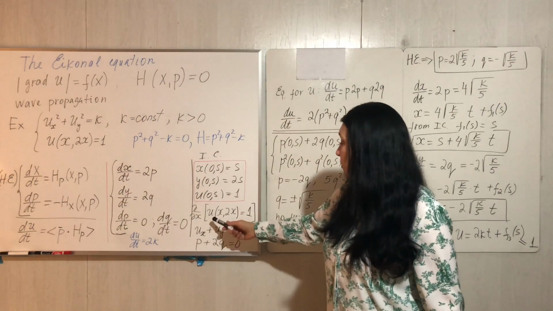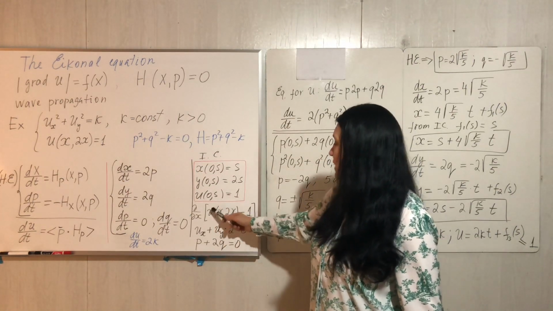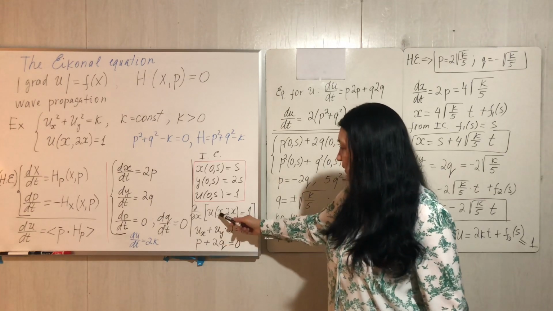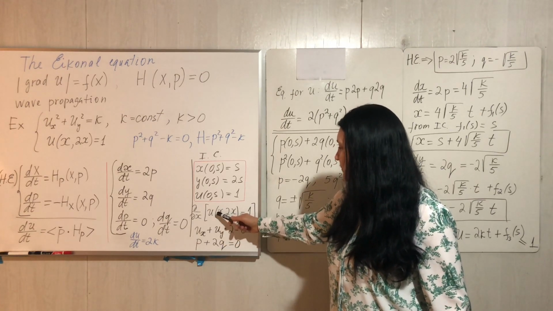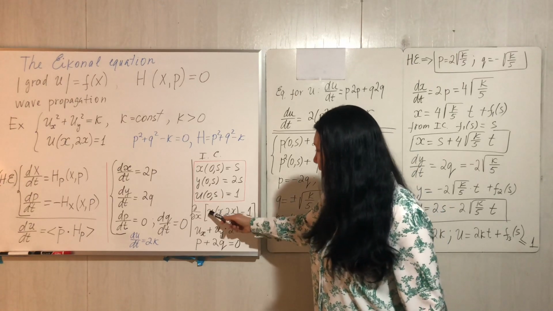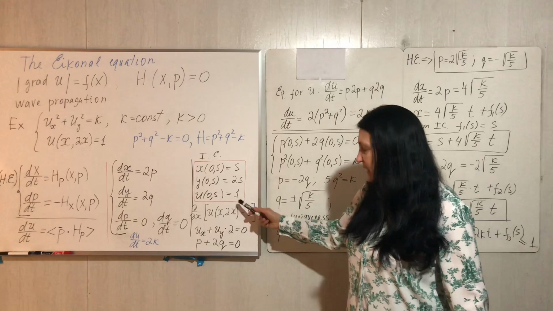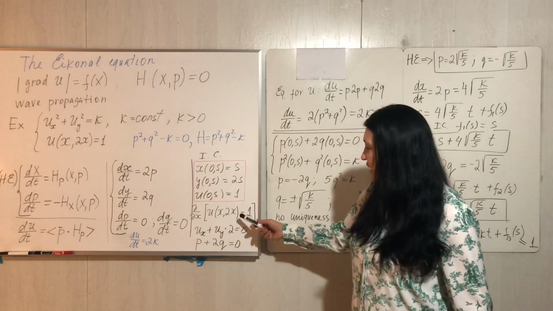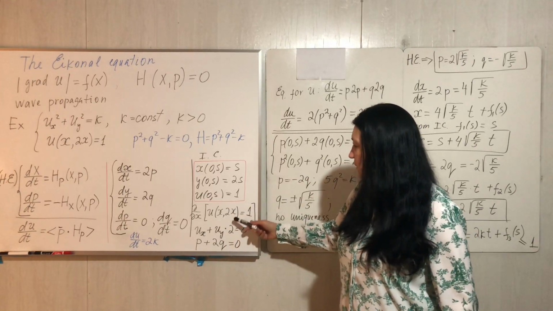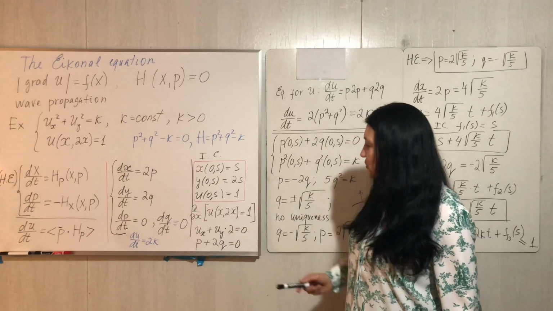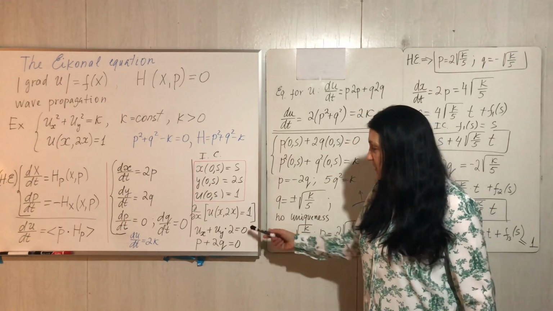When we differentiate u with respect to the first component, it will be du dx, plus u with respect to the second is y, du dy, times the chain rule derivative of 2x with respect to x, which is 2, and the derivative of 1 is 0.